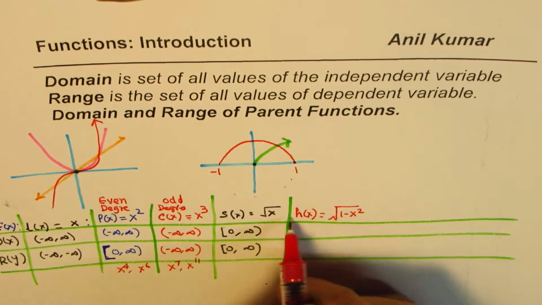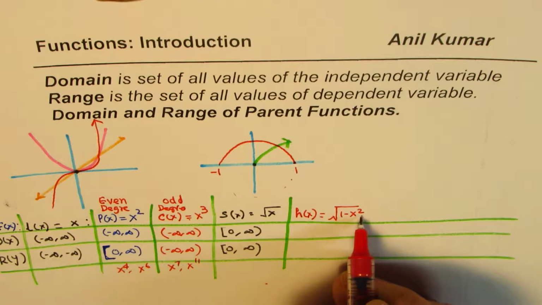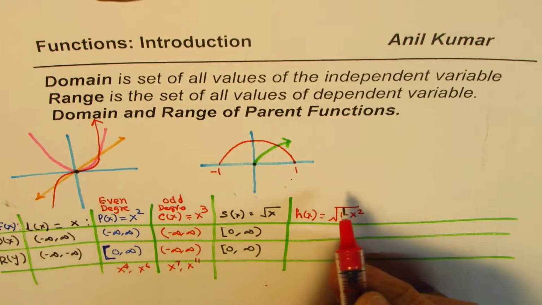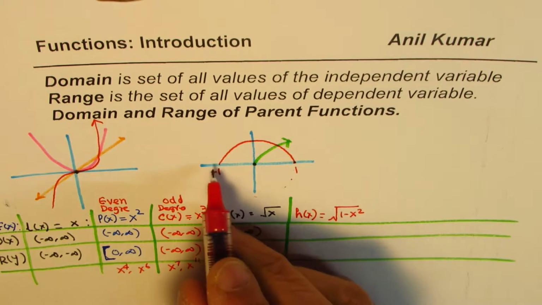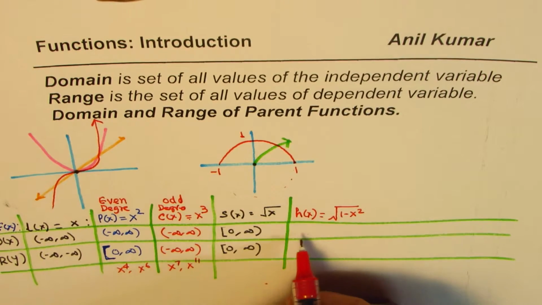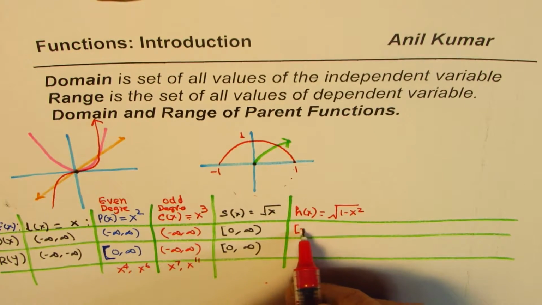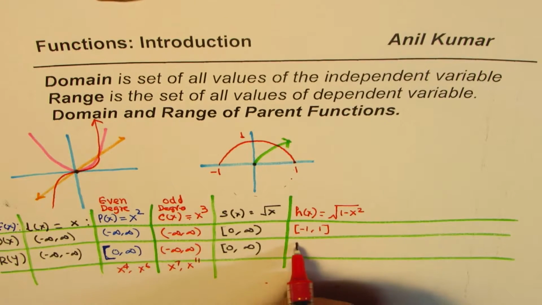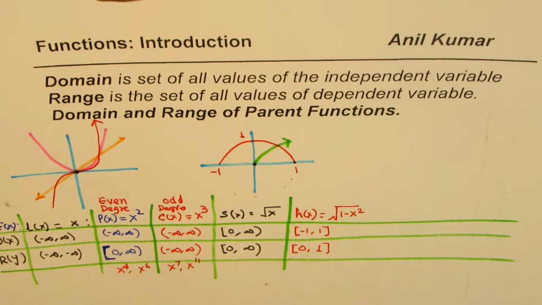When I rearrange, h of x is the square root of 1 minus x squared. So that is your semicircle, another function. Here, both domain and range are very much restricted. Domain is between minus 1 and plus 1, and the range is between 0 and 1, both included, correct? So that's a very good function to know.